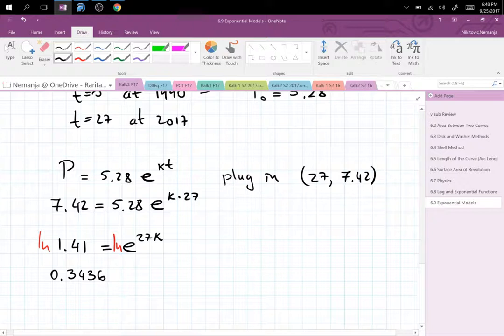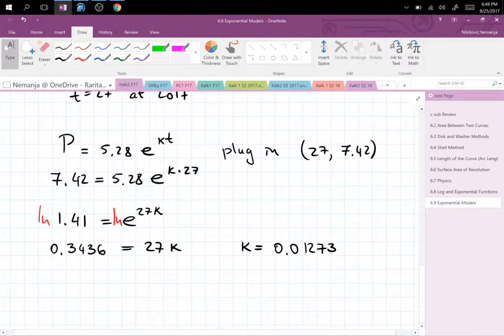When you are working with exponentials and ln's, make sure you're using at least 4 non-zero decimals, so 4 significant figures, so we are reducing the error. On the other side, you have 27k, from where k is equal to this number divided by 27, 0.01273. So we have k.